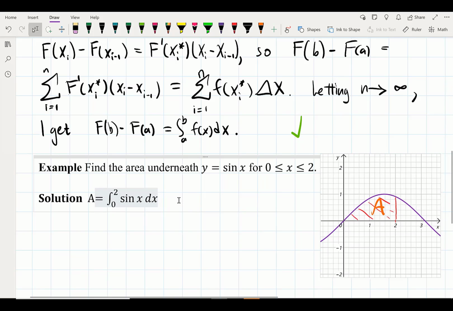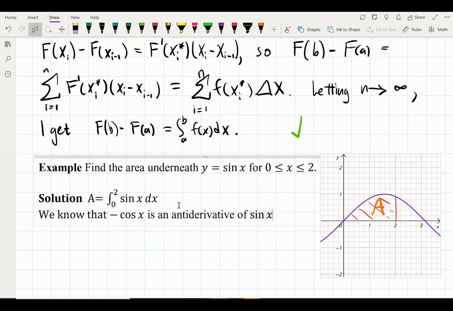So we know that negative cos x is an antiderivative of sine x. Hence, A, which is this integral right here, is equal to, according to our new evaluation theorem, we just need to plug in the endpoints, 0 and 2, into negative cosine.